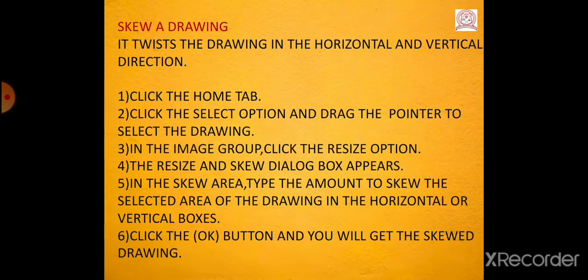The resize and skew dialog box appears. In the skew area, type the amount in degrees to skew the selected area of the drawing in the horizontal or vertical direction. Click the OK button and you will get the skewed drawing.